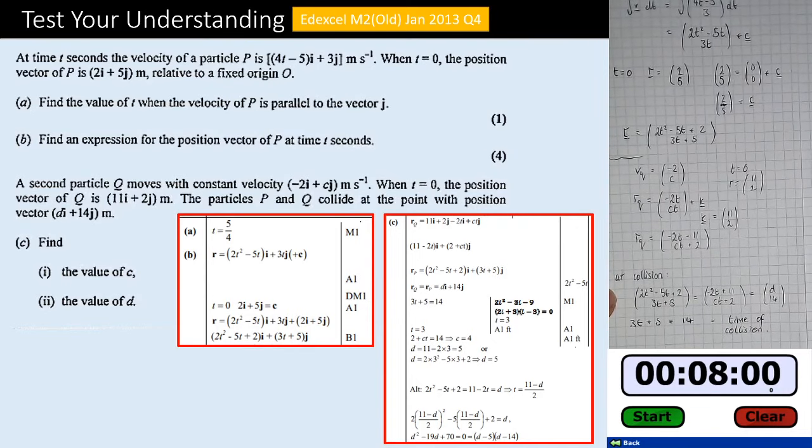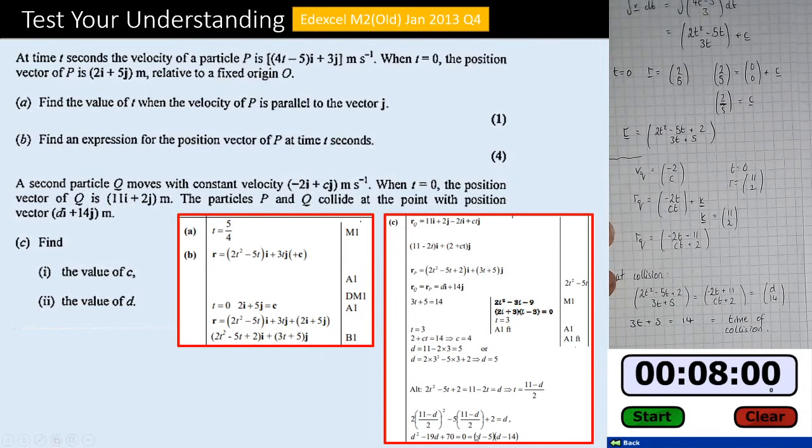Once we know what the time of collision is, we can use the value of t to work out our value of c. And once we know our value of c, that's one part done. We then just want to find the value of d, and we can do that by looking at this section up here, because we know what value of t the two particles collide.